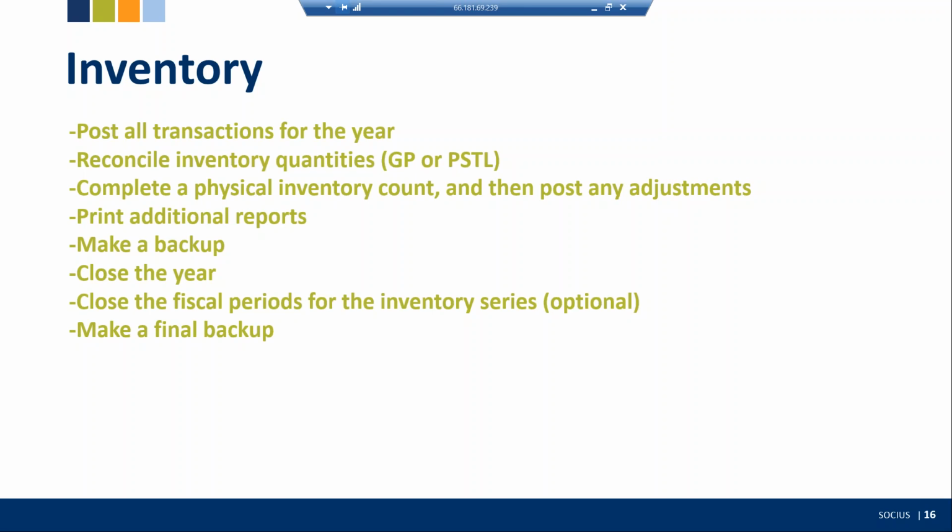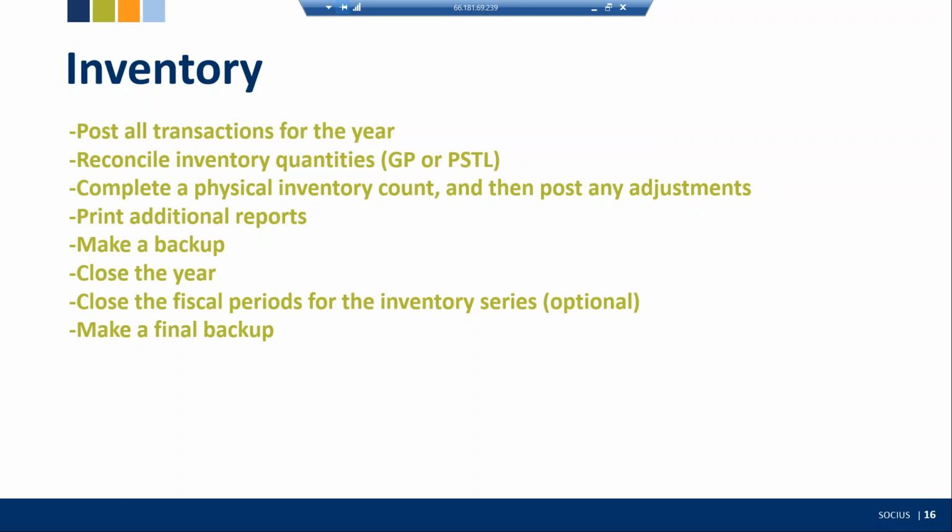And for many organizations, they may do an annual fiscal inventory, so typically that's at the end of their fiscal year, and so you'll do a physical inventory count and then post any adjustments to that. So you want to make sure that's done prior to you running your year end. Print any other additional reports that you may use on some frequency, and then you're going to make a backup.